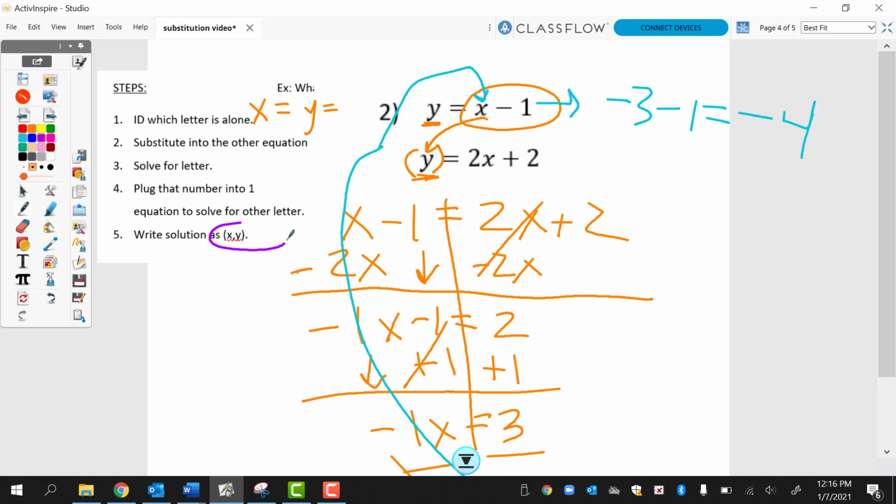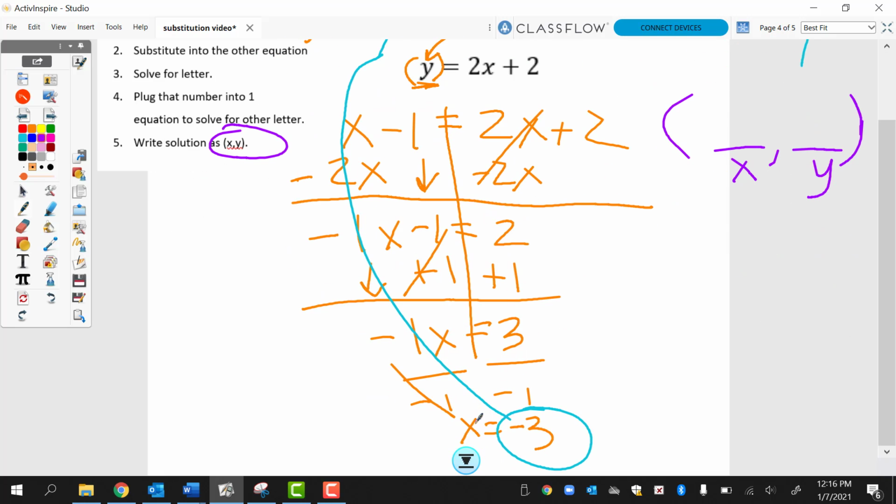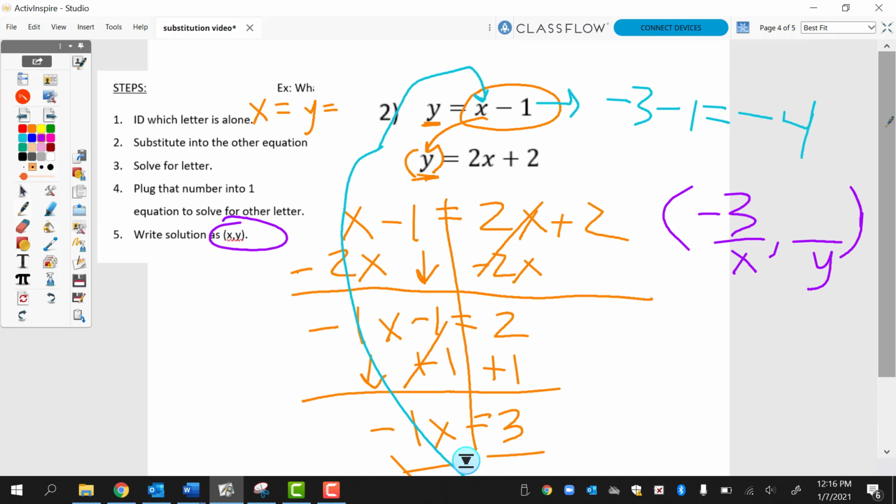Okay, and then I got to write it as x comma y in parentheses, something comma something, x and y. So the number down here said x equals -3, so I'm going to put that right there on the x. And then the y number's got to be this other number, which is -4. And that would be the answer.